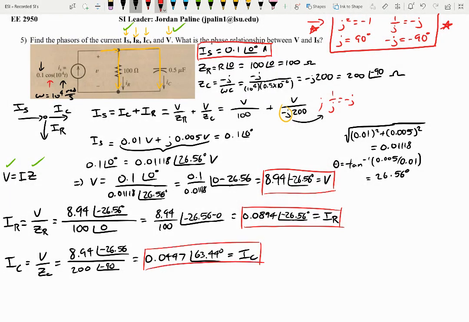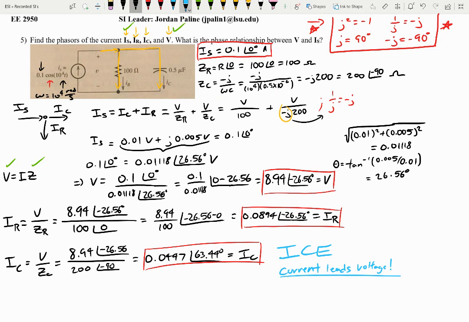And real quick, let's use that check like we had said earlier. This is a capacitance, so ICE: current leads voltage.